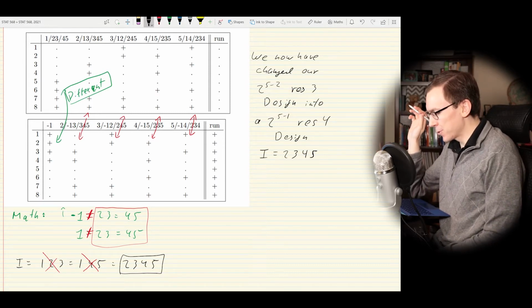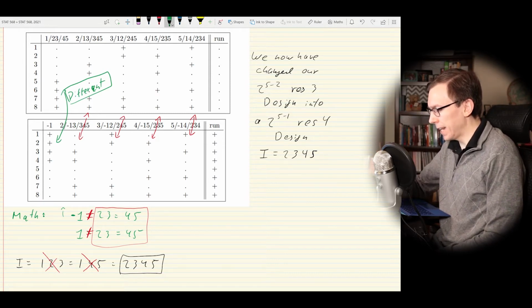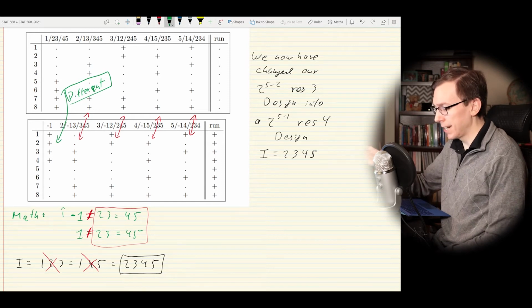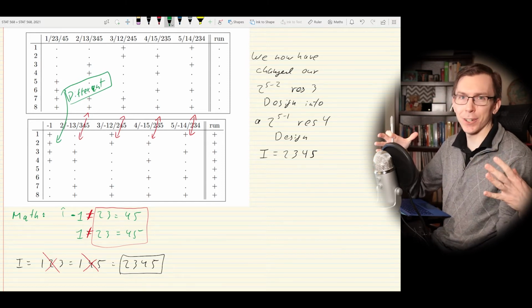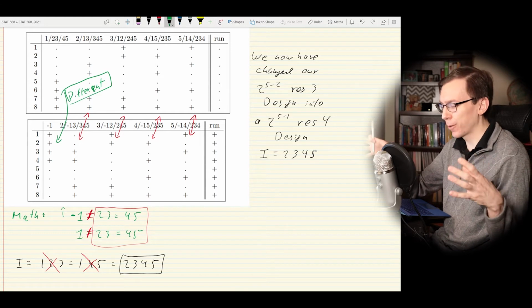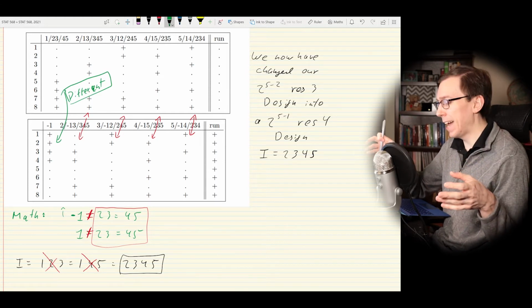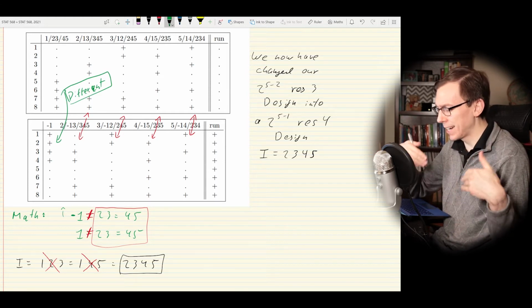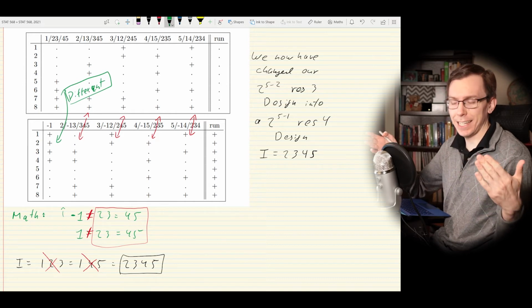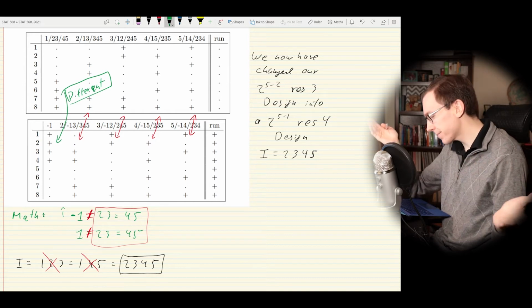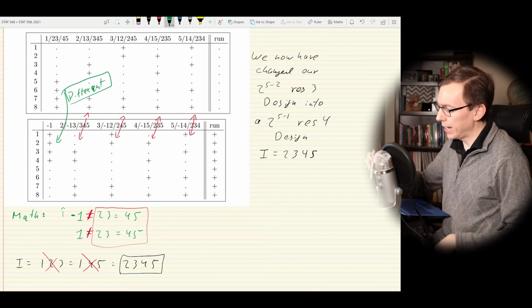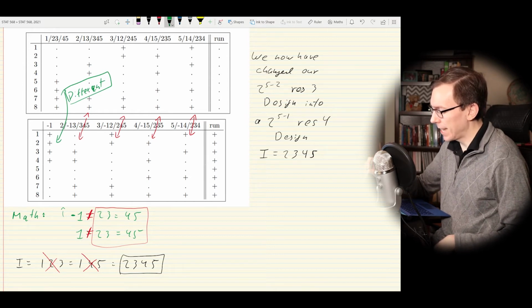Now, there's one other thing that's worth noting, and that's that we have replicated our design. Presumably, this second table has occurred at a later date after we've already looked at the first table, and we said, okay, we want to run this design again to de-alias factor 1. Well, things can always change, and what that means is that we can include another column here.